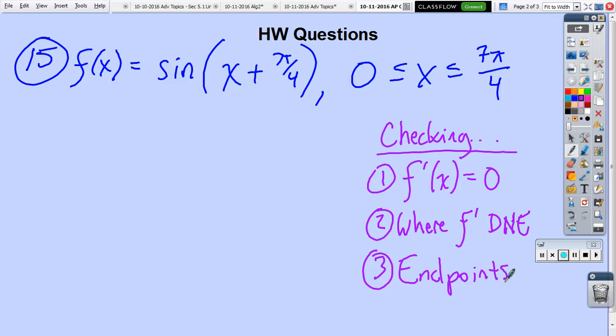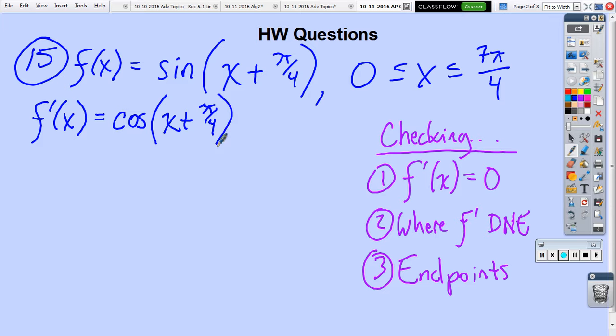Okay, so let's find f prime of x. We definitely need to get started with that. So f prime of x would be equal to the derivative of sine of whatever, which is the cosine of, leave this alone, times the derivative of the inside, which is going to be what? 1.